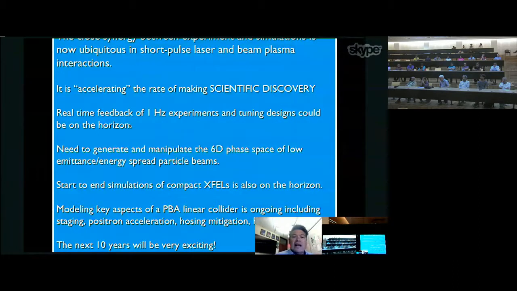We now understand a lot of the key physics and a path towards designing a linear collider based on plasma concepts. We've got a laundry list of things we need to study, but we have that list, which I think is a very important milestone. The next 10 years will be very exciting. So thank you for your attention, and I'm sorry for going too long.